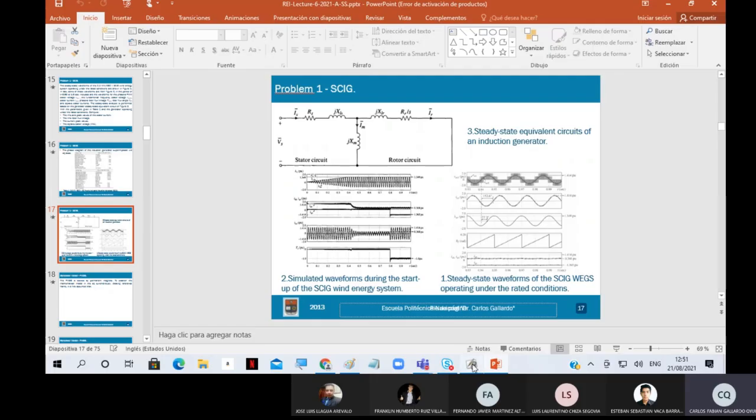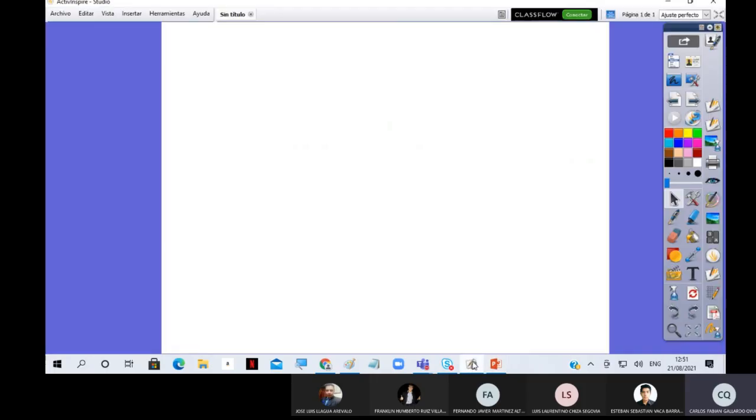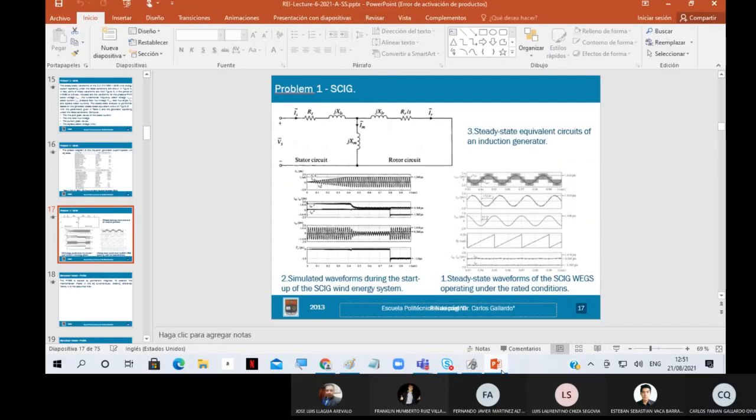For this equivalent circuit, I will compute the stator impedance. So I will have the equivalent, and the equivalent is equal to this resistance plus the leakage inductance, plus this equivalent. These two elements are in parallel connection.